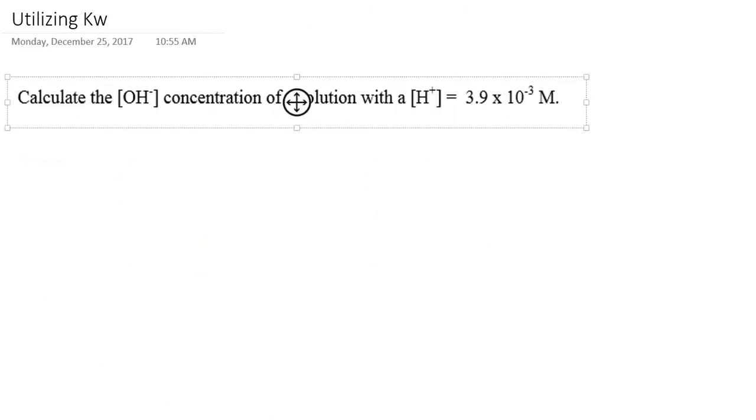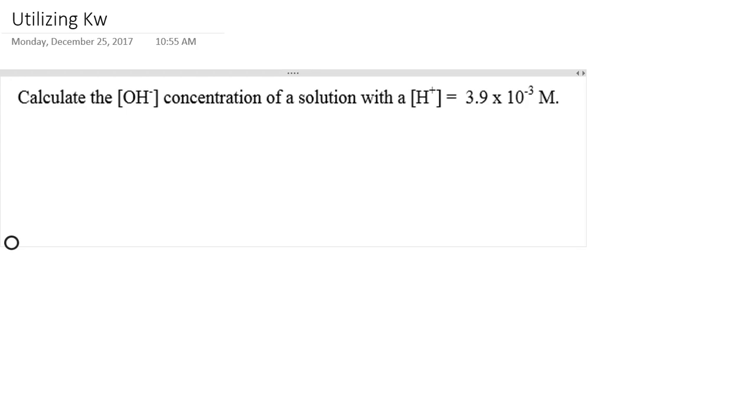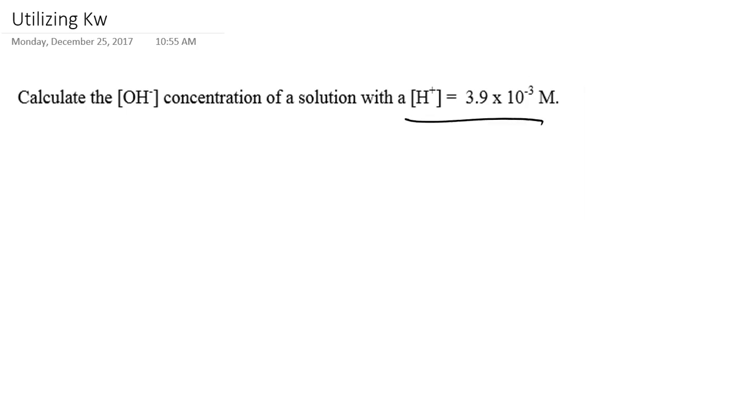For example, suppose that I know that I have a solution that has a hydrogen ion concentration of 3.9 times 10 to the negative 3rd molar, and I want to calculate the hydroxide ion concentration. Again, assuming that this solution is at 25 degrees Celsius, then I can use my relationship for Kw.